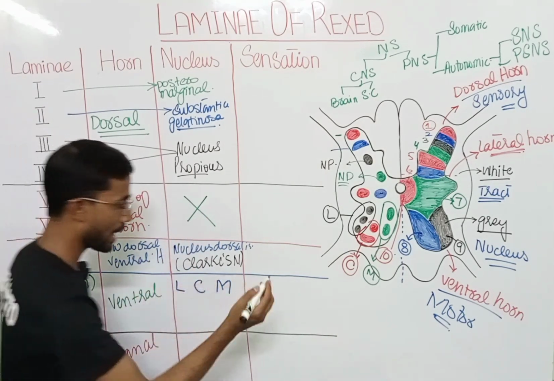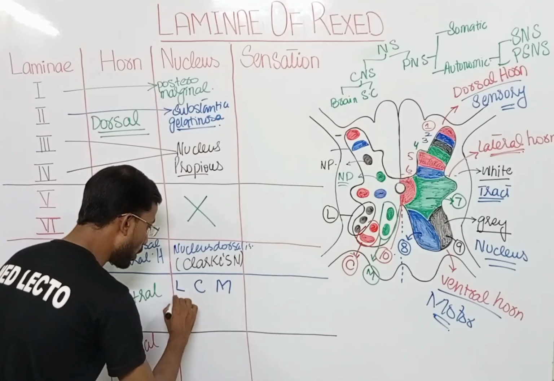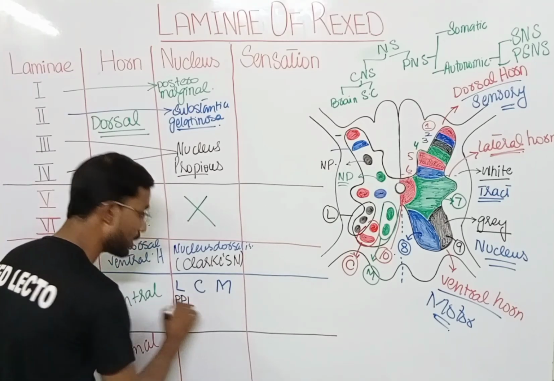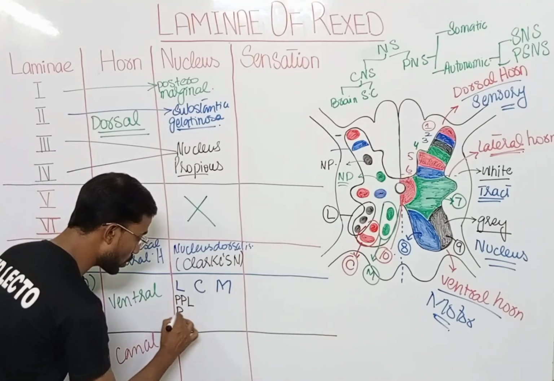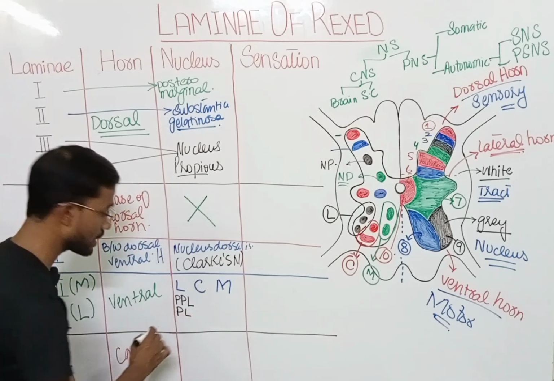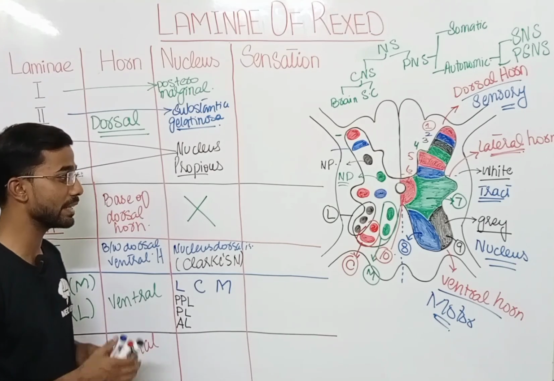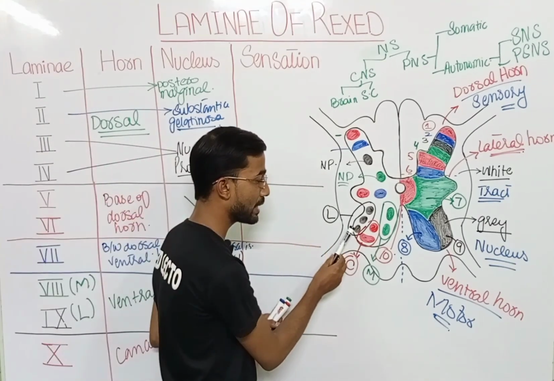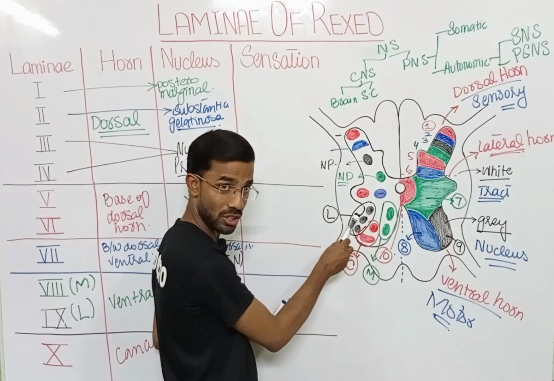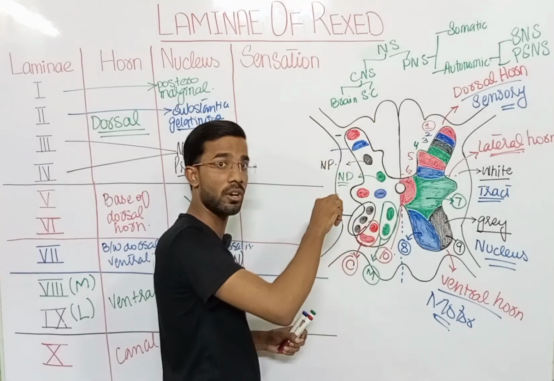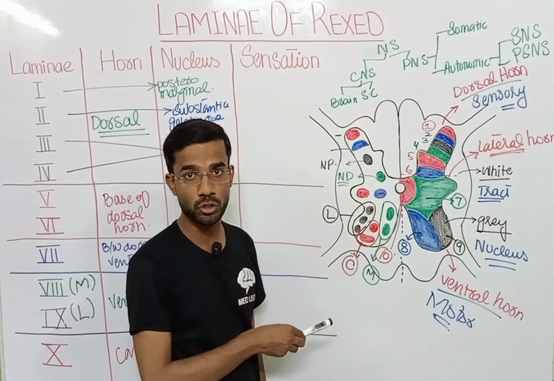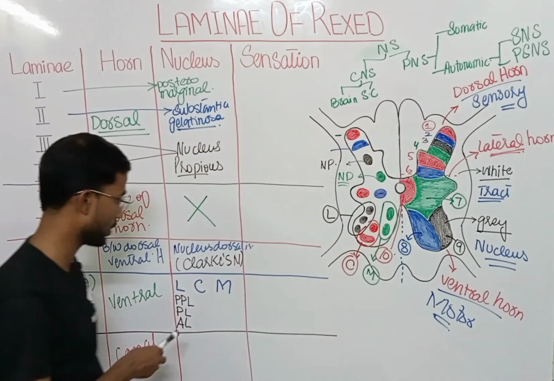At the lateral side, you will see the most important: anterolateral, posterolateral, and post-posterolateral, that is further behind the posterolateral nucleus. So here are basically the 4.